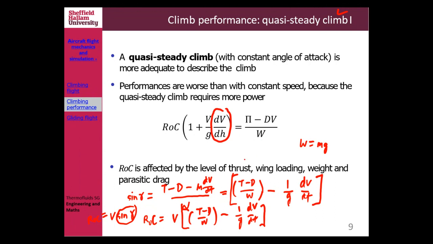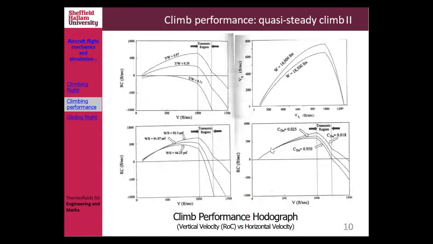So in order to climb using a quasi-steady climb mode, your rate of climb is not simply this, but this divided by whatever you have in this term. That is the rate of climb for a quasi-steady climb.